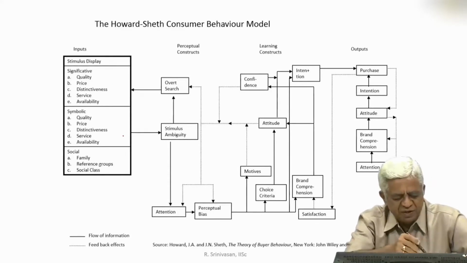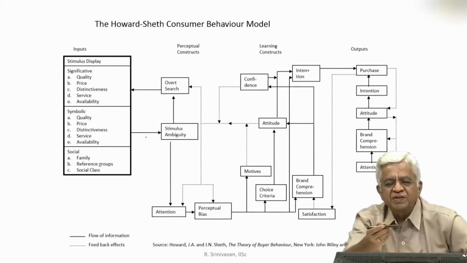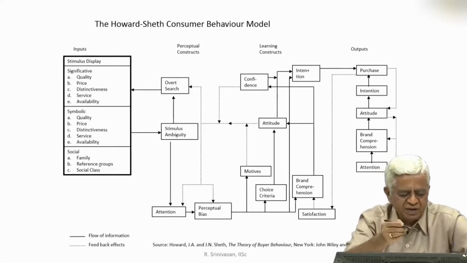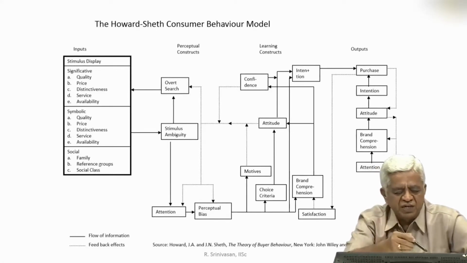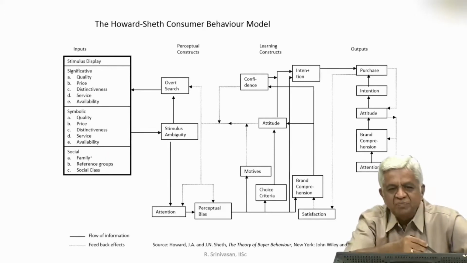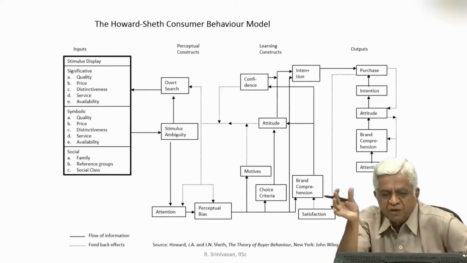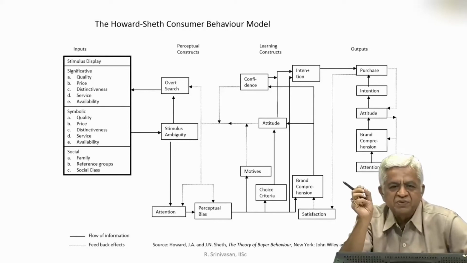Then with respect to the social inputs, who can influence the decision with respect to a product? The typical groups which can influence the decision could be family or reference groups. You may have certain reference groups with respect to a particular individual which will influence.